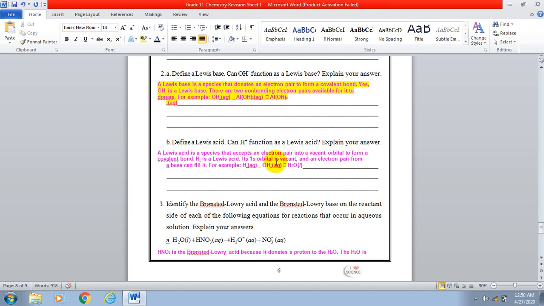Its 1s orbital is vacant and an electron pair from a base can fill it. For example, H plus aqueous and OH minus yield H2O liquid. A species that accepts an electron pair, we call a Lewis acid.